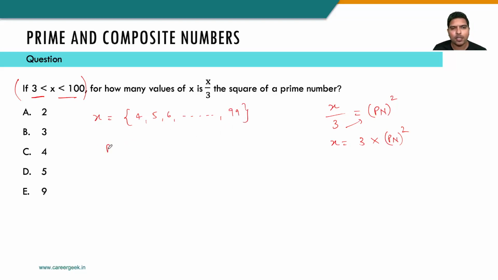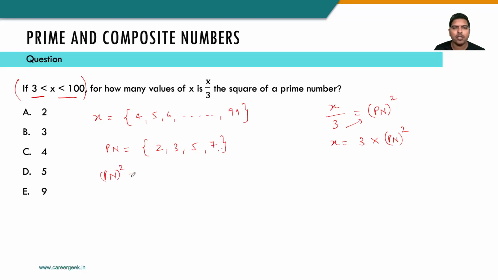So what we'll do is we'll just list down the prime numbers. The question is not asking for the values, rather asking how many values of x there are. There's no need to go beyond 7, because if the prime number is 11, 11 square is already greater than 100, right? So 3 multiplied by that is anyway greater. So we can just check up to 7.